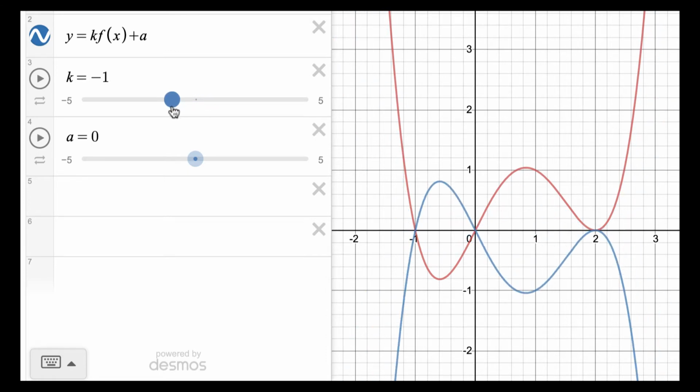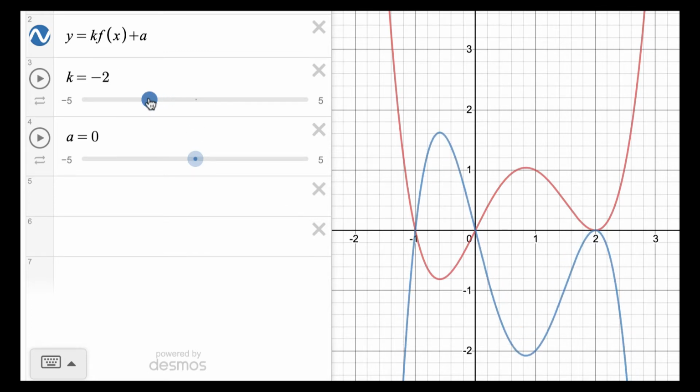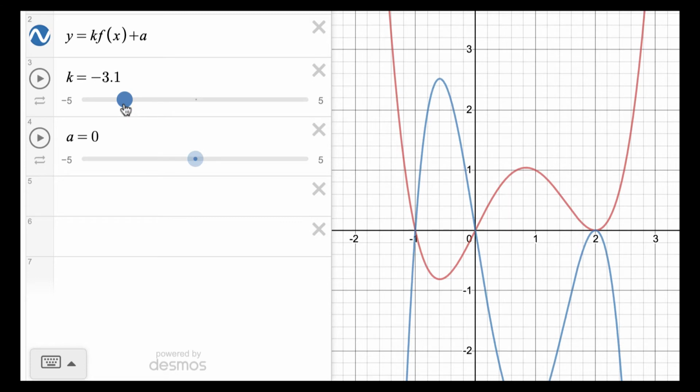Well, we can see in this case where we've got -1 that the points have been reflected in the x-axis. The whole graph's been reflected in the x-axis. Where we used to have a y-coordinate of 1, we've now got a y-coordinate of -1. And we can scale to -2, to -3.